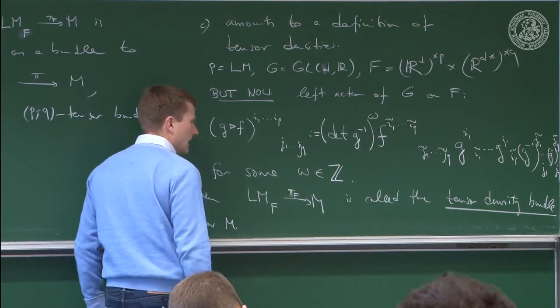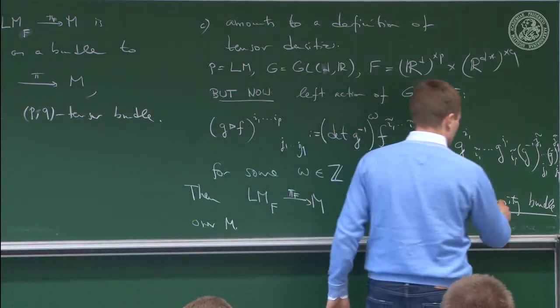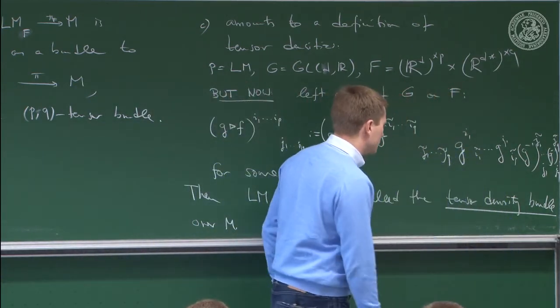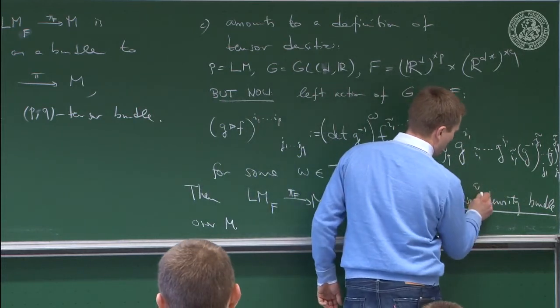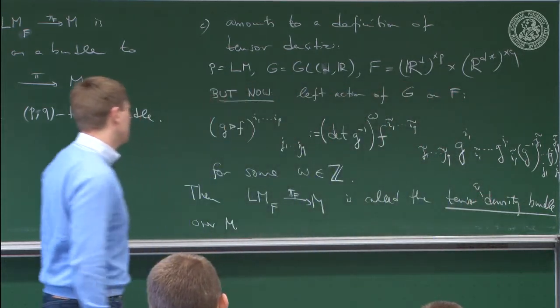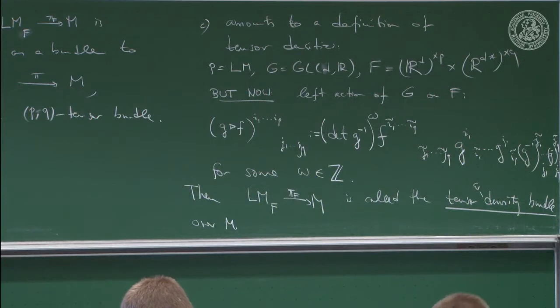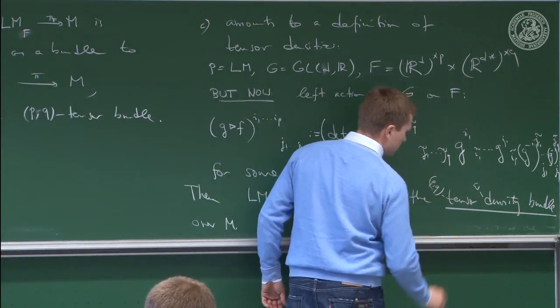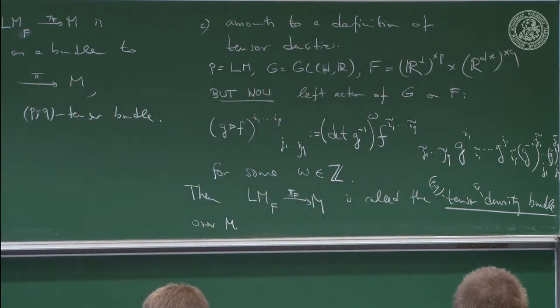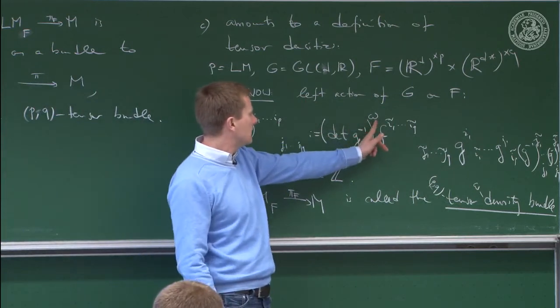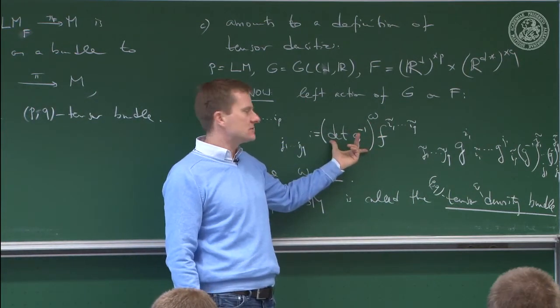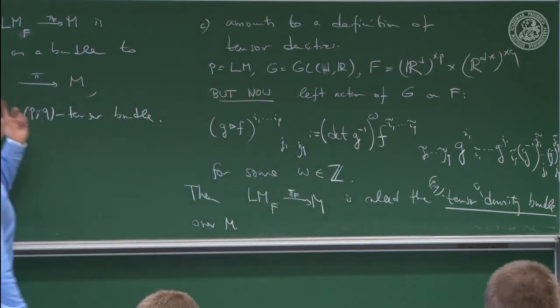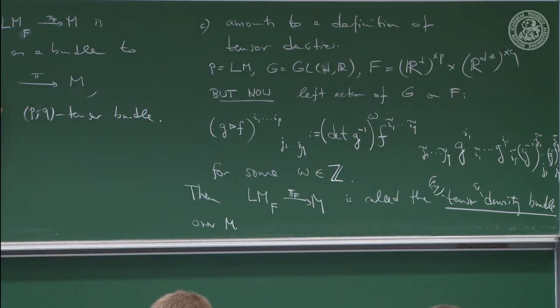Over M, and the omega, we should call this the tensor omega density bundle over M. And the PQ tensor omega density bundle. Obviously, for omega equal to 0, this factor goes away, and we recover the tensor bundle.